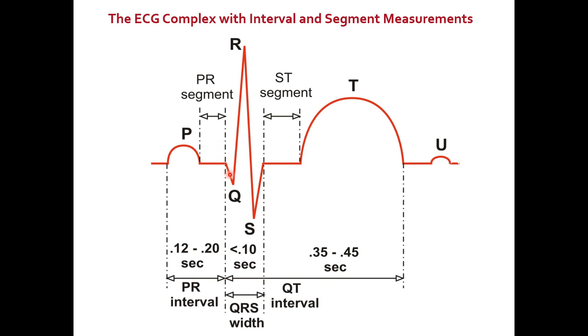If you don't find a first negative deflection, then the Q wave is absent. Supposedly if this goes straight up, then there would be no Q wave. So remember, Q is the first negative deflection in the QRS complex. If there is no first negative deflection, then Q is absent.